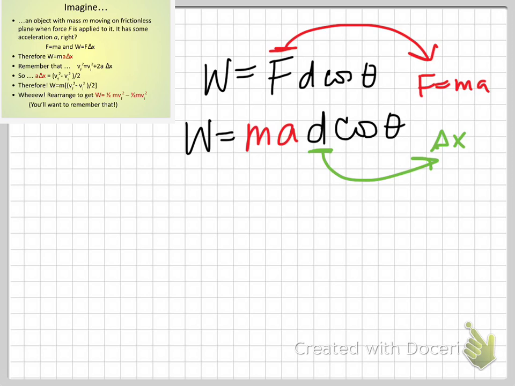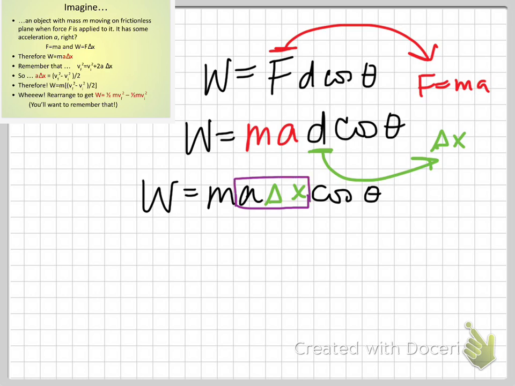Yeah, that's not unreasonable. So work equals mass, acceleration, delta x, cosine theta. So far, so good. I want to pull out one little piece here, which is delta x.